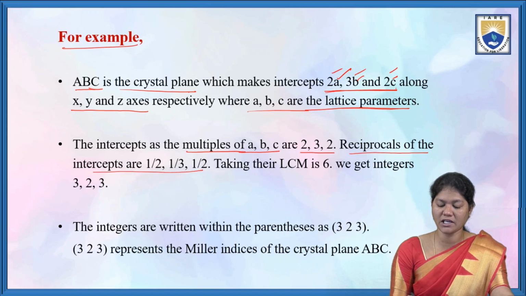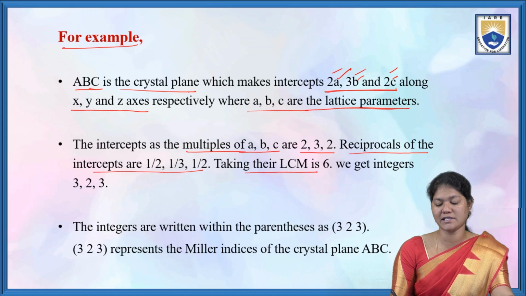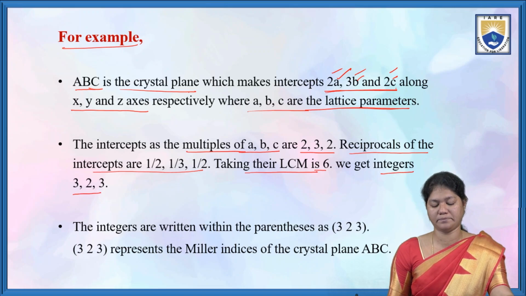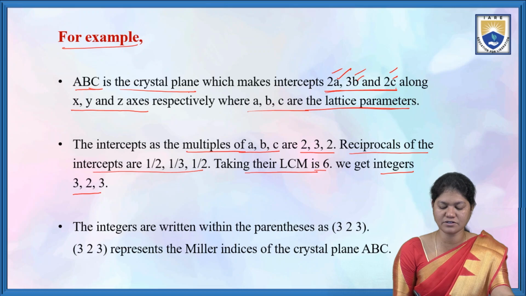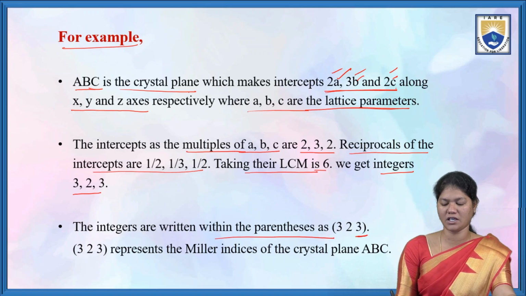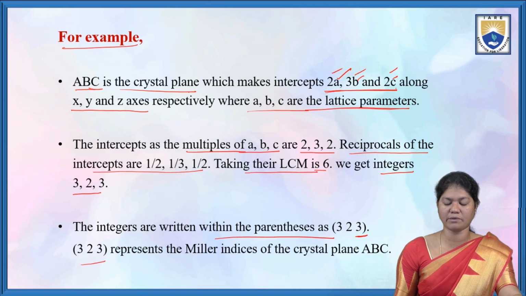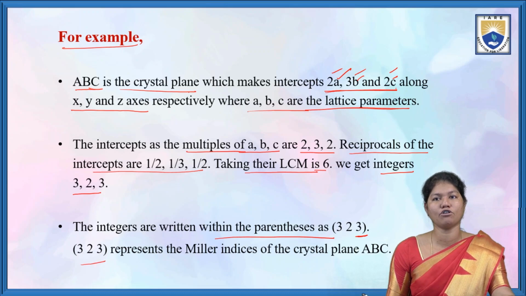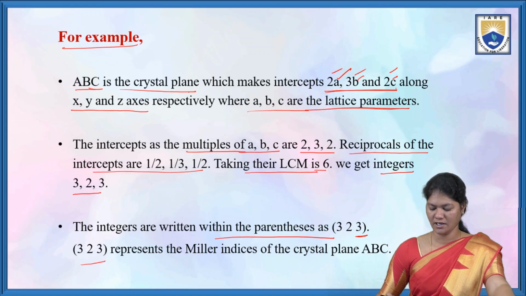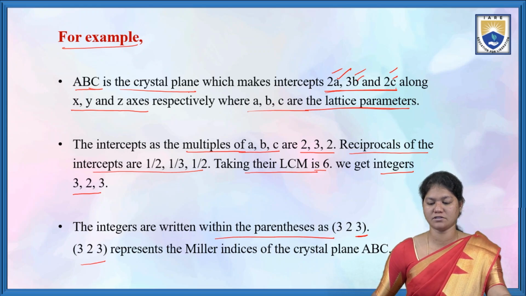So now I'm taking the LCM. The LCM is 6. Then we get the integers 3, 2, 3. The integers are written within parentheses as (3 2 3). So this 3 2 3 represents the Miller indices of the crystal plane ABC.